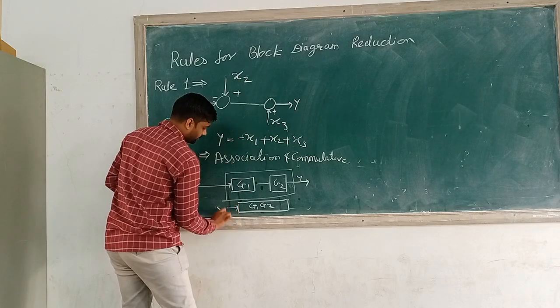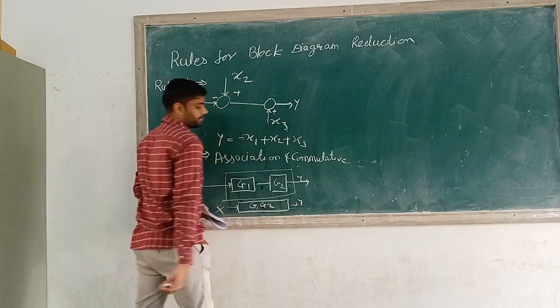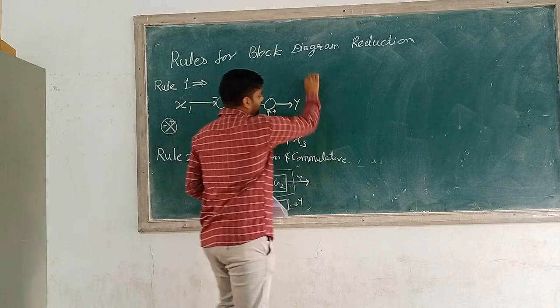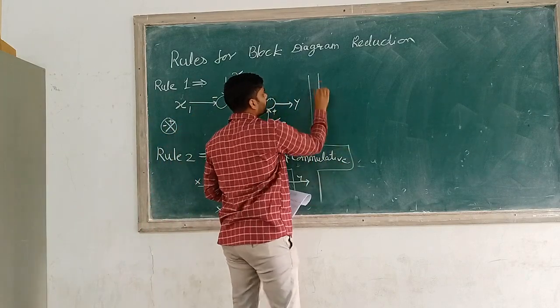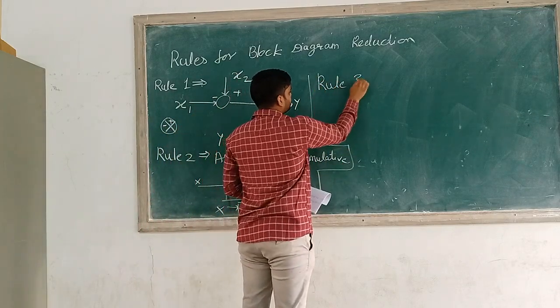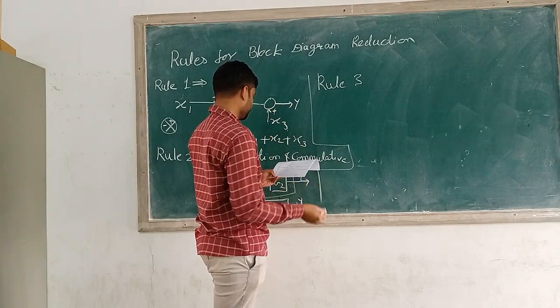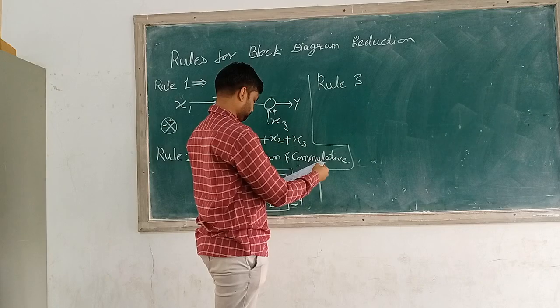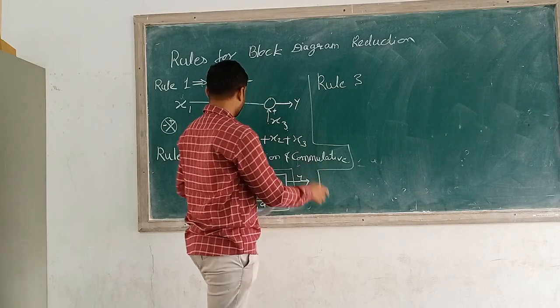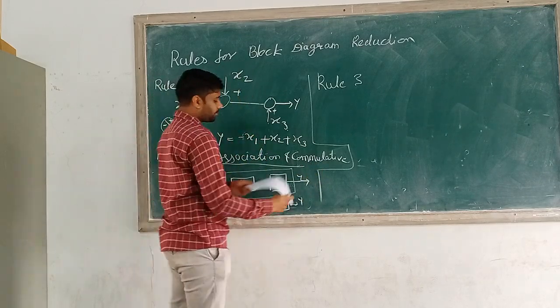This is input X and this is the output Y. Then rule number 3. So here, commutative association for series.